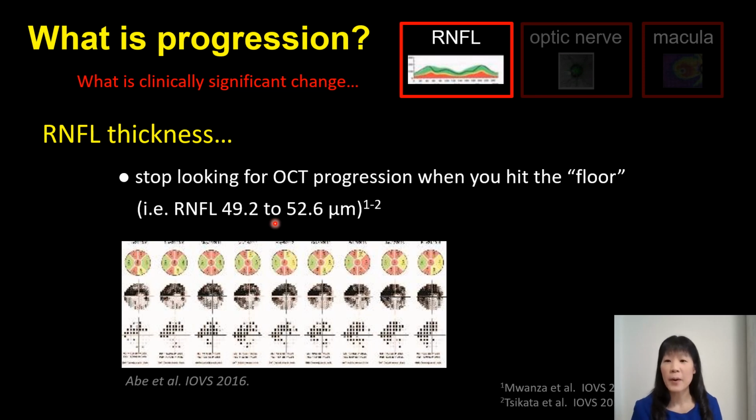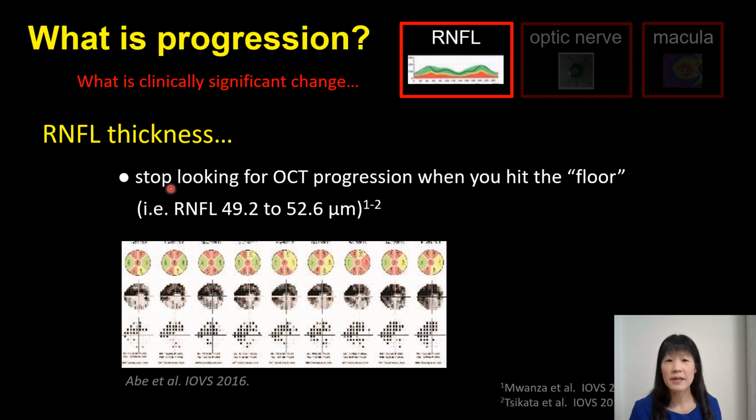So even if we have a 0.9 nerve, we still have 50 microns of nerve fiber layer thickness. So once we hit the floor, once we have a 0.9 nerve, we can be totally stable at 0.9, and we can be totally stable at 50 microns on the nerve fiber layer thickness, but our visual field could be progressing.